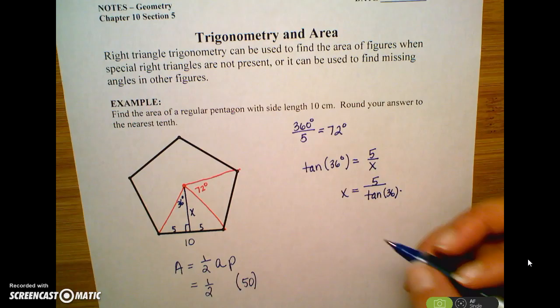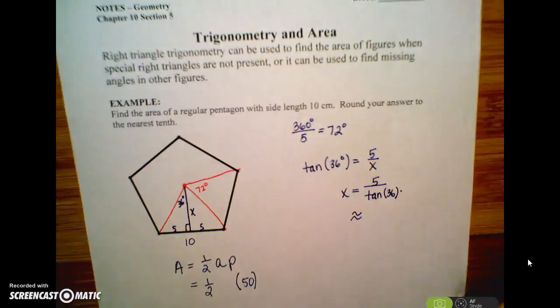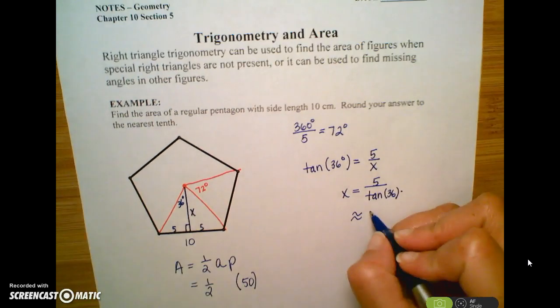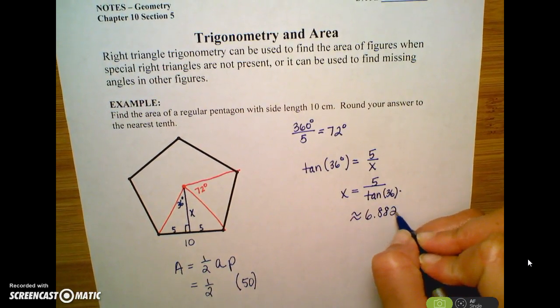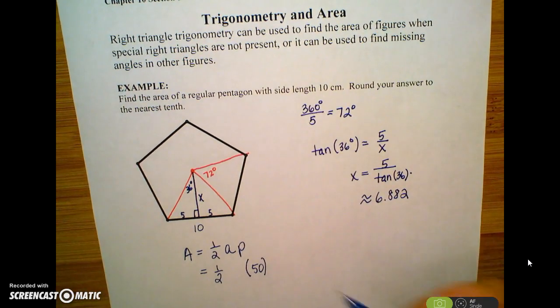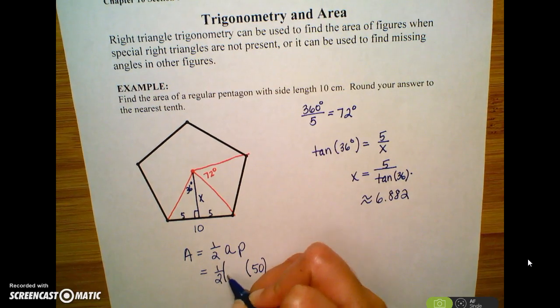I then use my calculator to get an approximation for that. So on your calculator, go ahead and do 5 divided by the tangent of 36, and you should end up with about 6.882. So we go ahead and we write that down. If you didn't get that, maybe you're in the wrong mode. Double check.